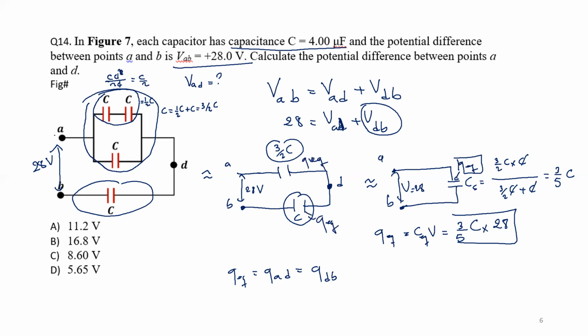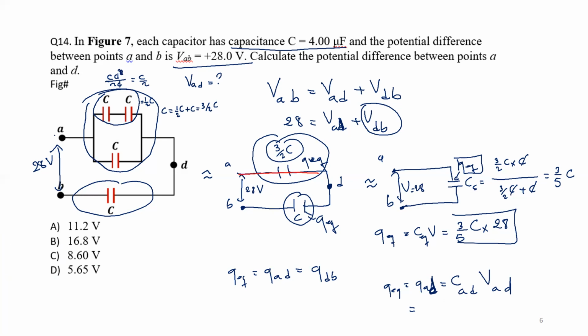Okay, good. Now I'll be using it here because this is what I want. So I will say that Q equivalent, which is QAD, is just CAD multiplied by VAD. Sorry, I'm talking about D here. This is D. Do you get my point? Okay, let me repeat.